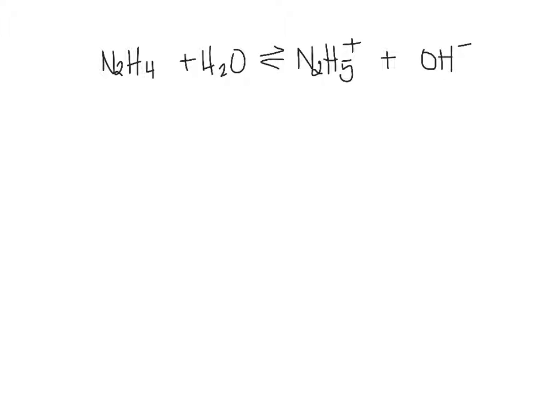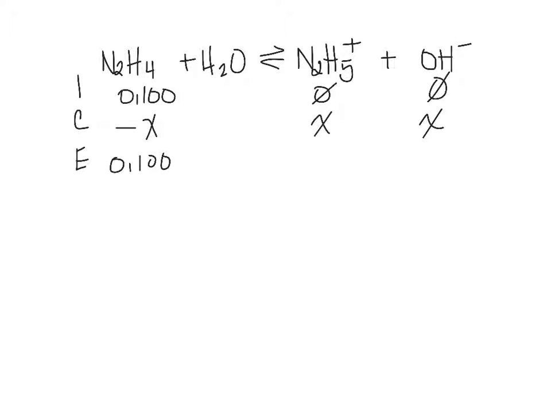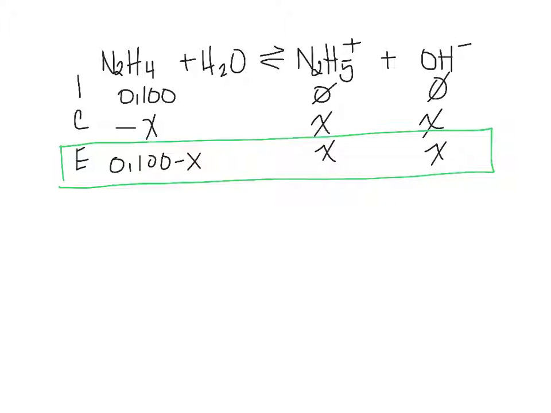What is the pH of a 0.1 molar solution? You need an ICE table. Because your ICE table is the one that goes into your K expression, if we solve for X, we're going to find our hydroxide ion concentration.